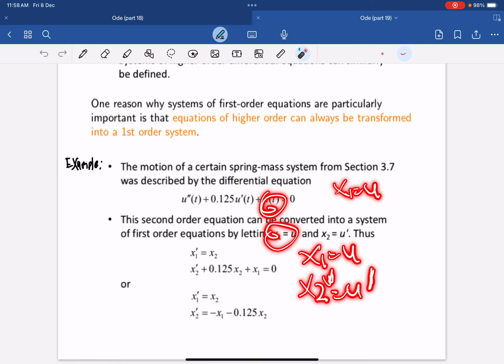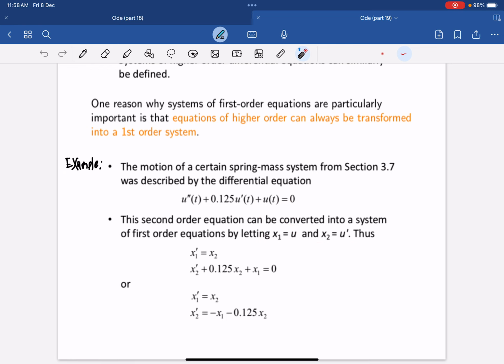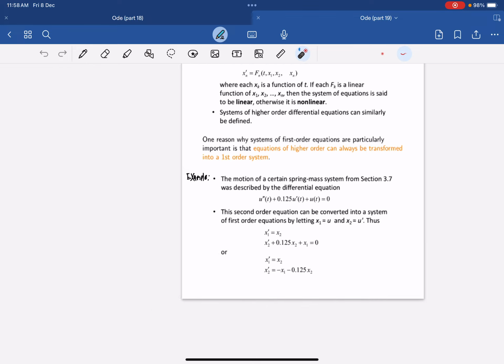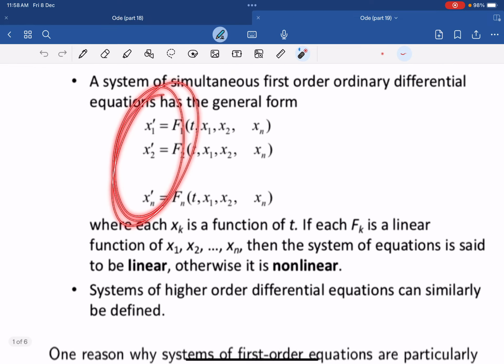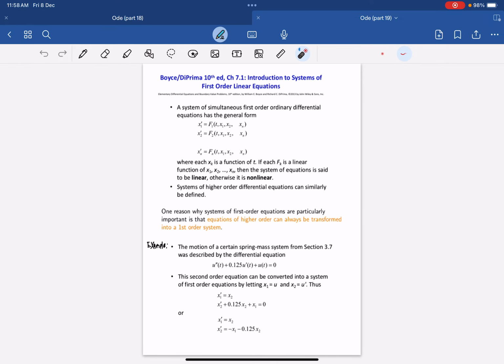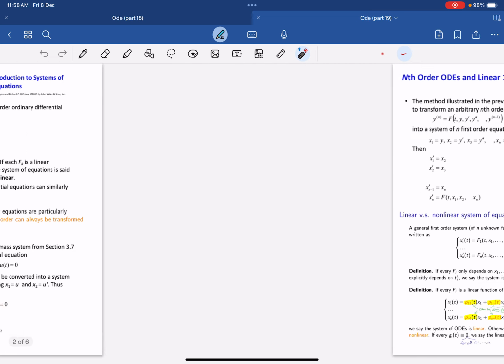Then you can write this equation as x2 prime plus 0.25 x2 plus x1. You want to have only one prime on one side, so you cannot write it as x1 prime, so you need to write it in this form.